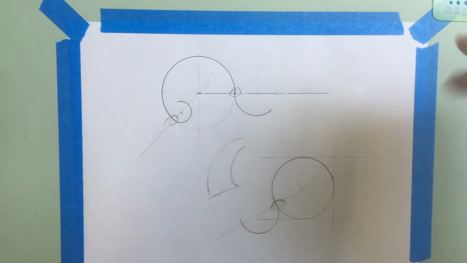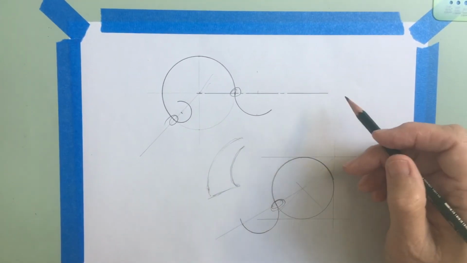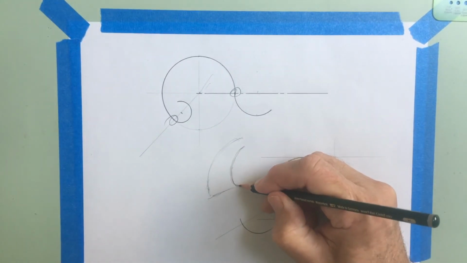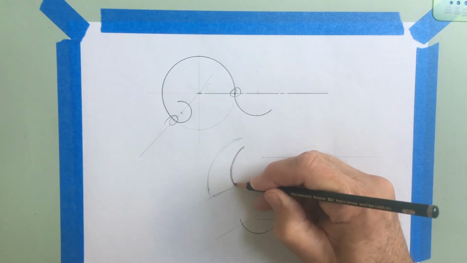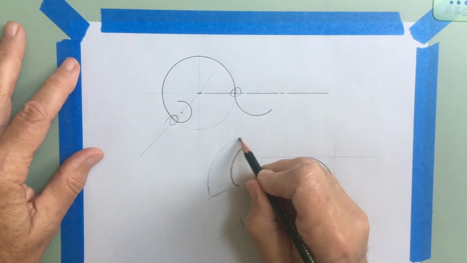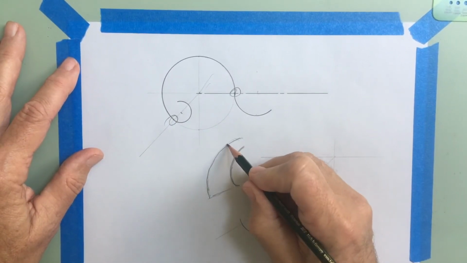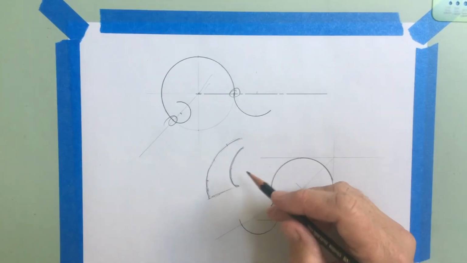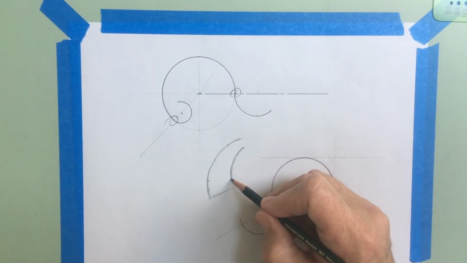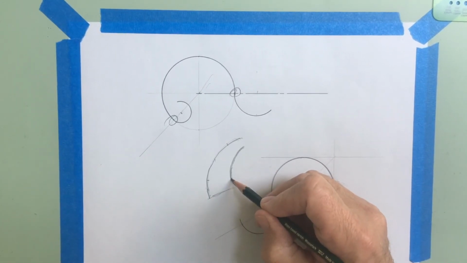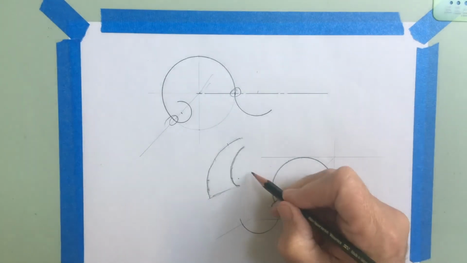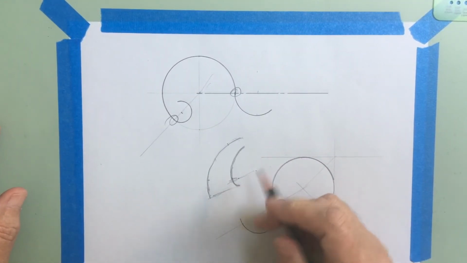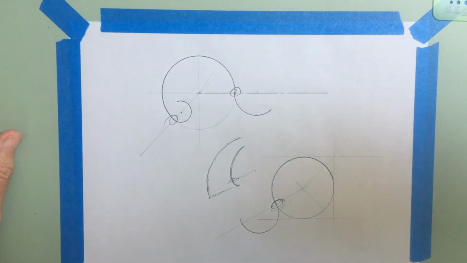Well, using what you know about how to find the center of an arc and then how to make arcs tangent to each other, you could probably lay this thing out by putting a piece of tracing paper over here and finding the center of that arc, and then finding the center of this arc from here to here, and then when it turns into this little arc from here to here, you can find its center. So what you have is the ability to make those tangent points and the smooth transitions.